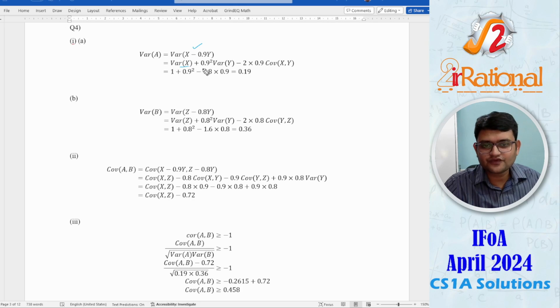We'll get variance of X plus 0.9 square variance of Y minus 2 times 0.9 covariance of XY. We'll substitute those values and we get variance 0.19. Similarly, for B, this will split into variance of Z plus 0.8 square variance of Y minus 2 times 0.8 into covariance of YZ, and then substituting values I get 0.36.